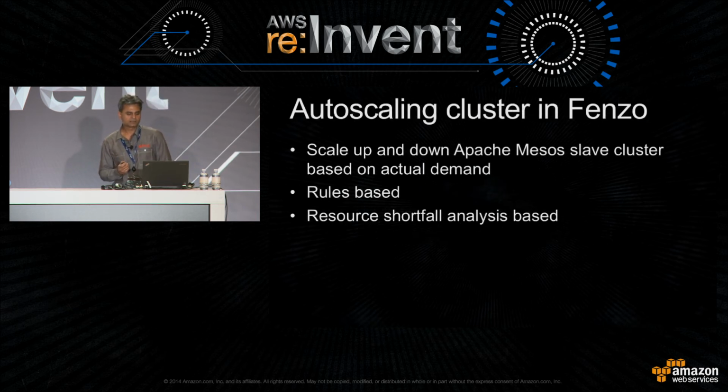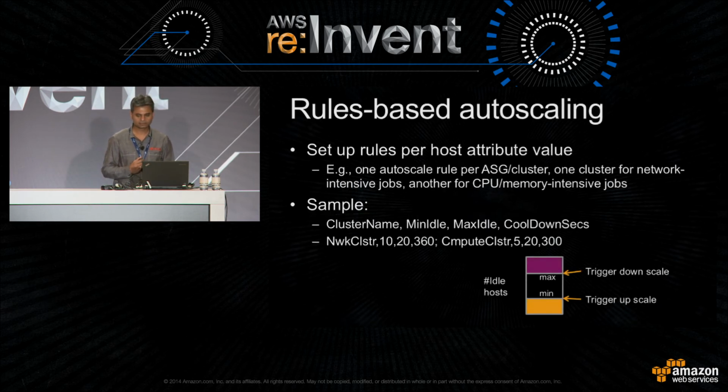So the other part is autoscaling. Fenzo looks at the resources available, what tasks have been assigned, and then can give you callbacks for scaling up and down. It does that in two ways. One is rules-based. This is similar to how you set up rules for an ASG, where you have a min and a max.